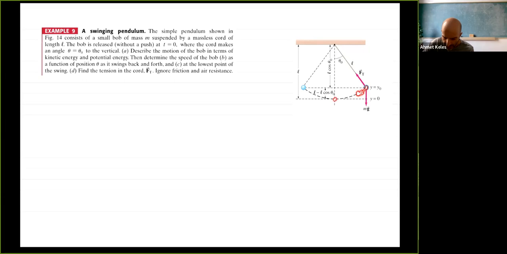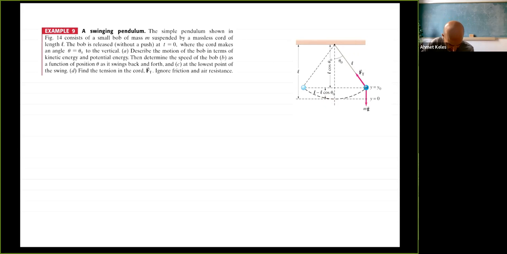When I reach the lowest point, I have 0 potential energy because I am at ground level, and I'll have the maximum kinetic energy. But the bob will not stop here; it will keep moving. There is no reason for it to stop because it has some energy, and as it rises, this kinetic energy will decrease, converting back to potential energy. When I reach here, I have complete potential energy and no kinetic energy. That's the description.